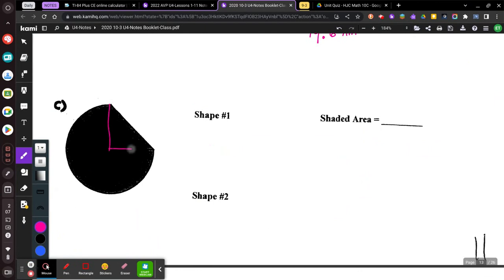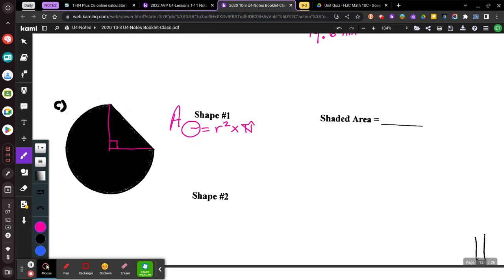This object is a triangle and 3/4 of a circle. So that's what we've actually got. We've got a triangle and 3/4 of a circle. So the first thing we're going to do is the area of a circle, which is r squared times pi.